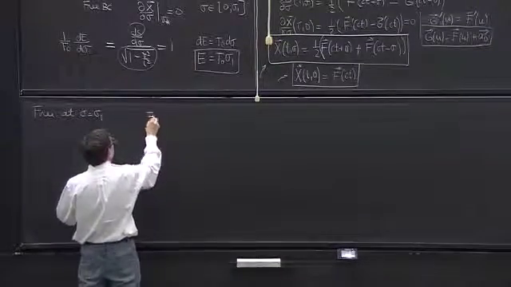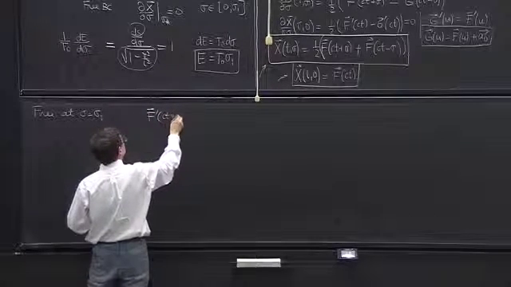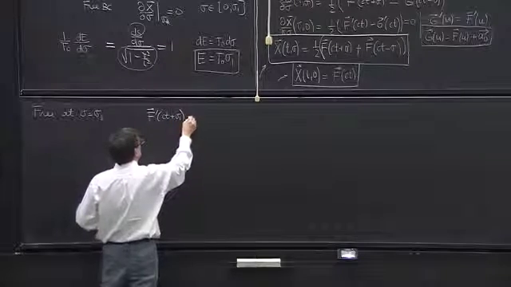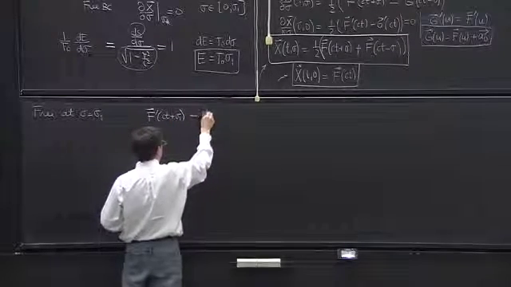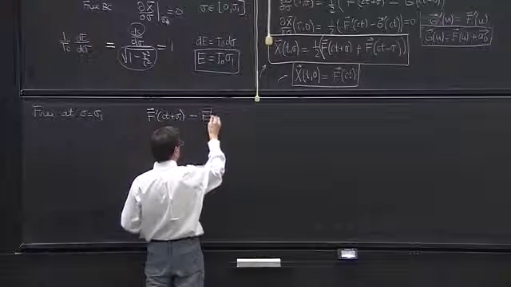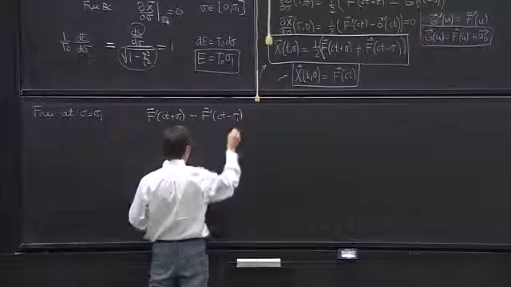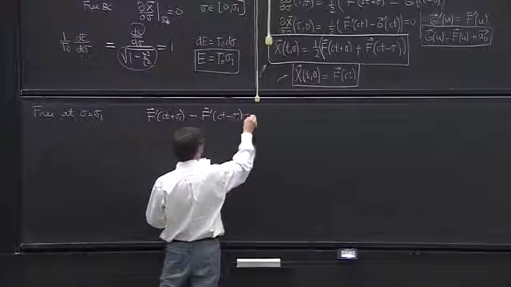So I get f prime of ct plus sigma 1 minus f prime, I'm taking the sigma derivative, so that's why I get the extra sign, f prime at ct minus sigma 1 must be 0.